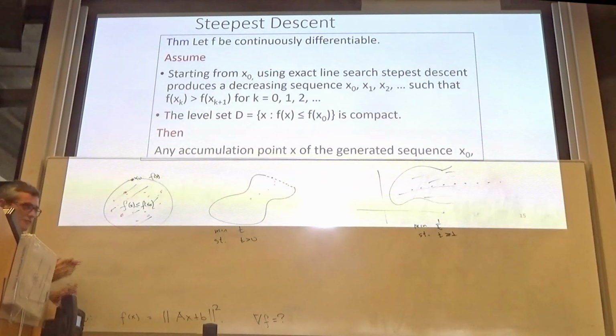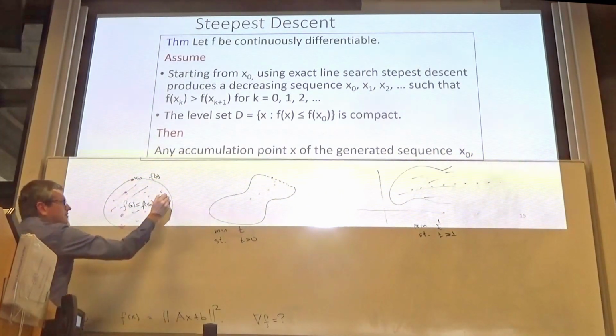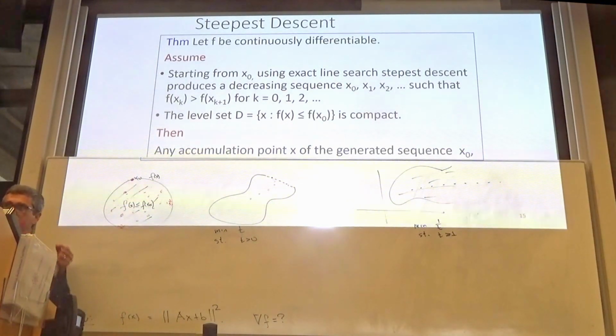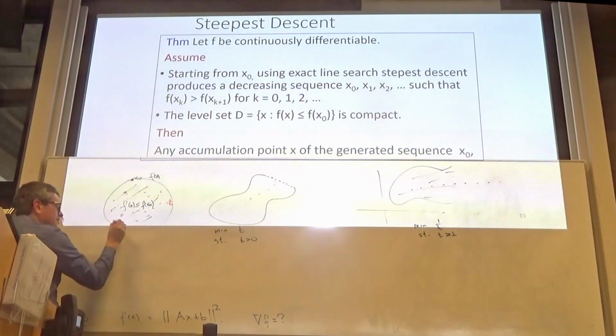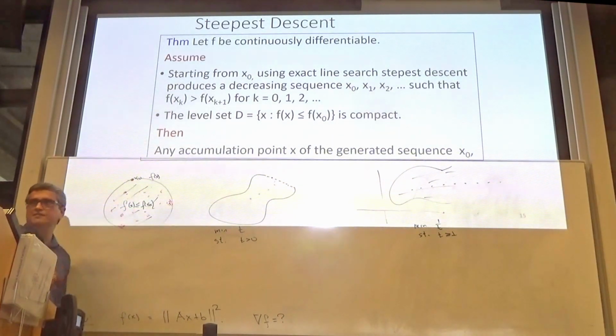Well, what the theorem says is that if you look at the infinite sequence, you are going to see that it has accumulation points, meaning points where the sequence spends a lot of time. But it might have more than one, so it's not a limit. A limit is an accumulation point when there is only one. Here there might be more than one. It might happen that the sequence starts, I come here, then I go there, I come here. In the even cases here, in the odd cases there.